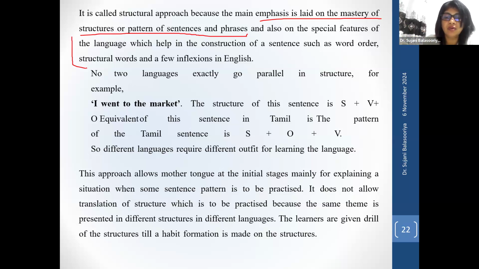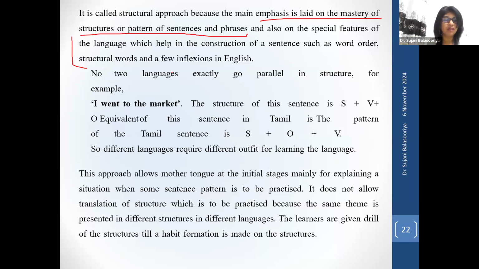So, therefore, the learners are given drill of the structures till a habit formation is made on the structures. Getting to know about the structure is very much emphasized through drilling. Drilling means repetition, right? Repeating the structures.